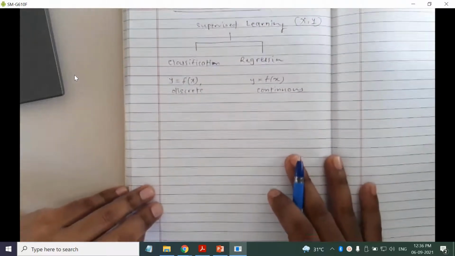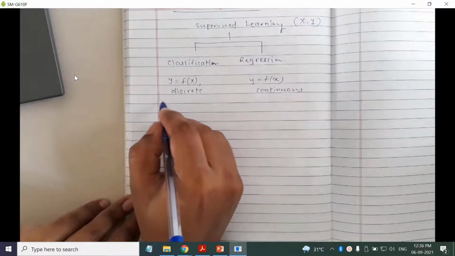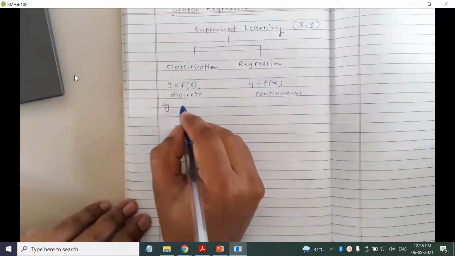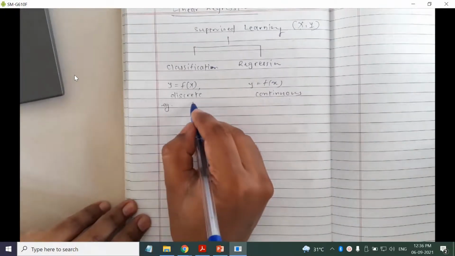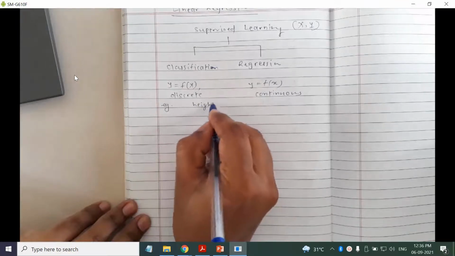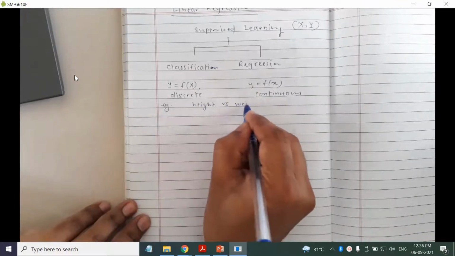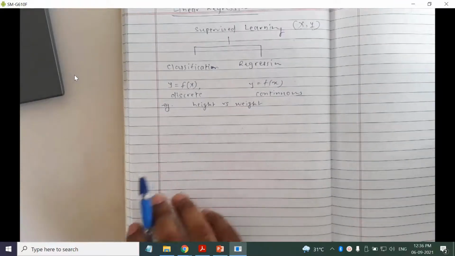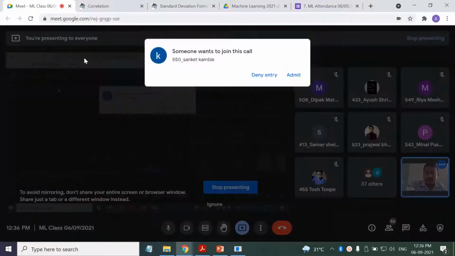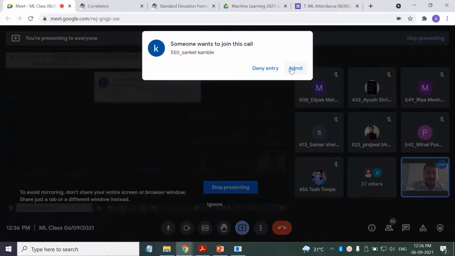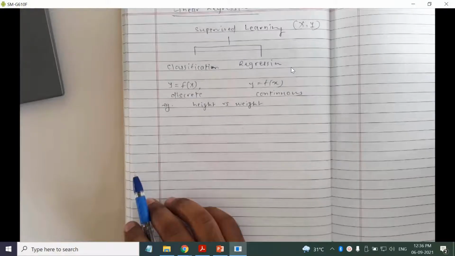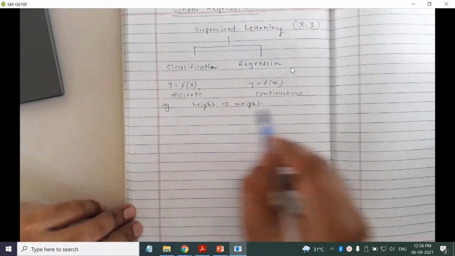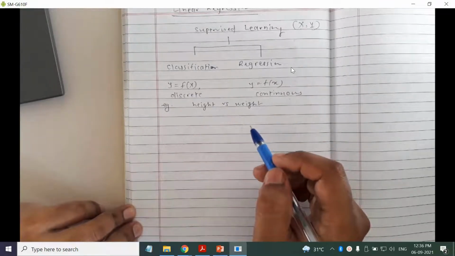Okay, so we'll start with one basic example. How will be the relationship between height and weight? Height versus weight. What will be the relationship of height and weight? Is it a positive relationship, meaning if height increases, weight also increases?